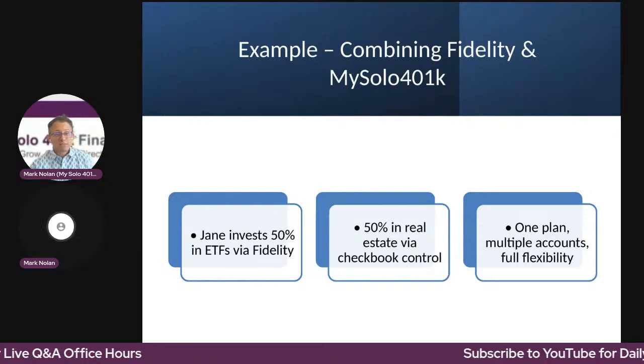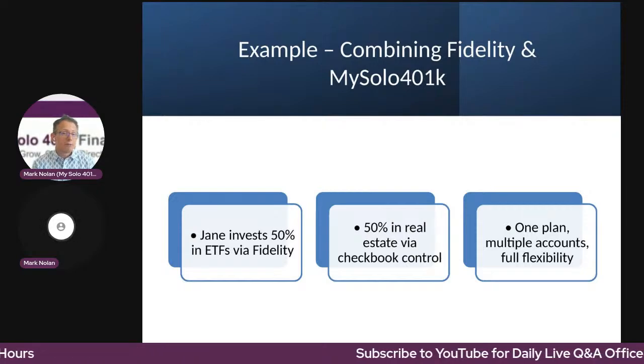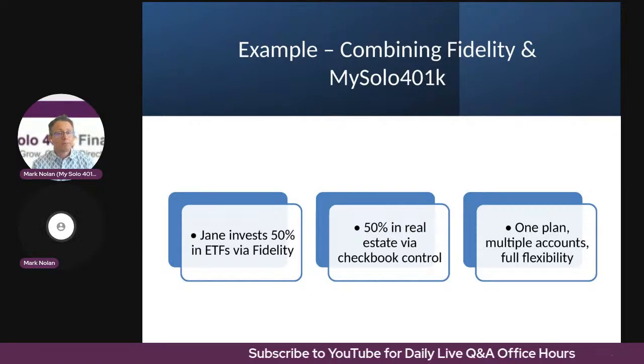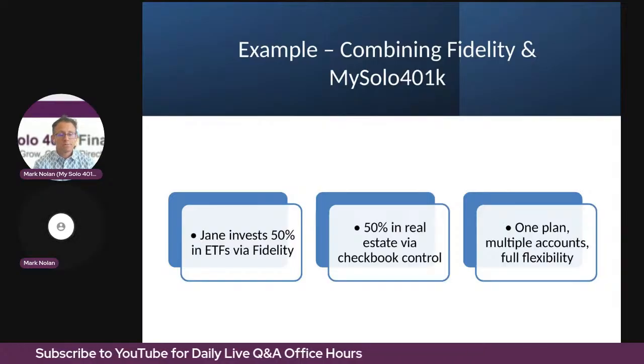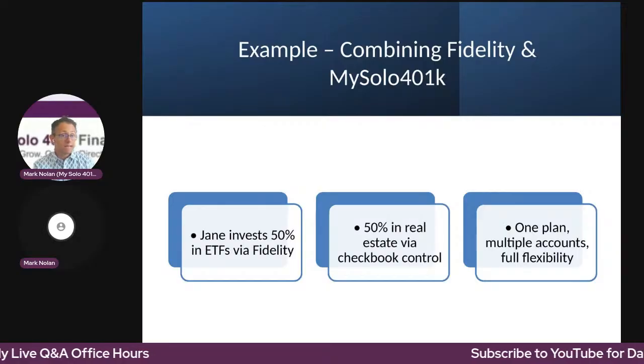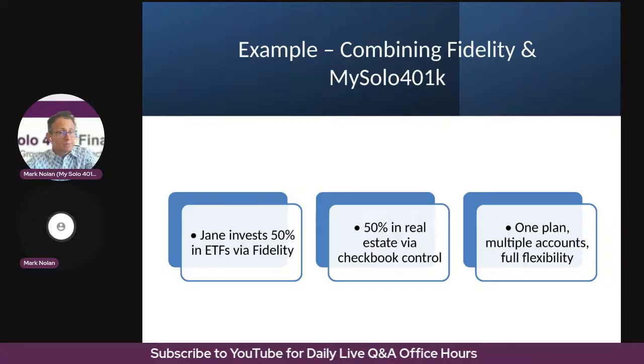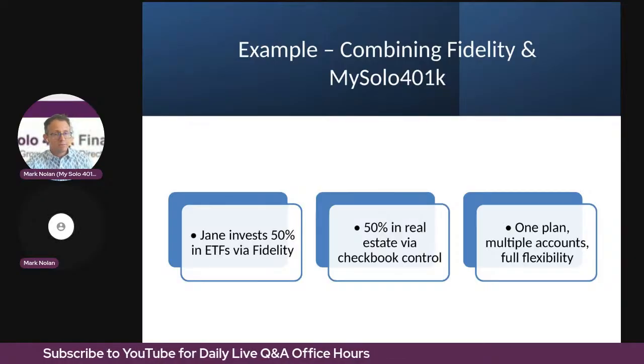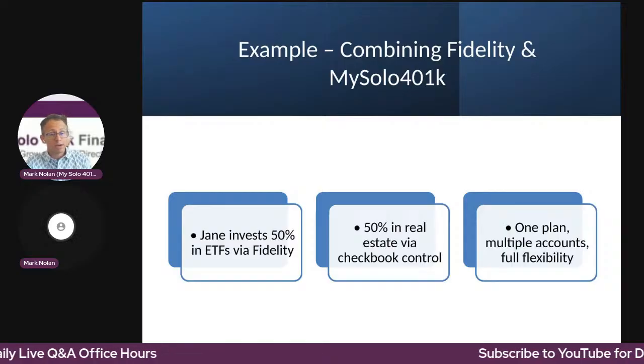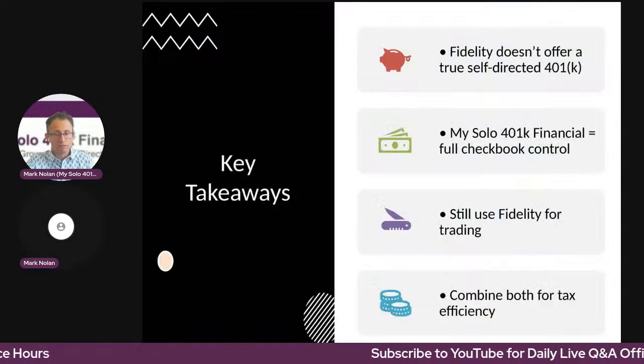So she may invest 50% of those funds, let's say, in a rental property. So now the plan owns real estate and it also owns equities. And it's all done through my solo 401k financial with the funds being held at Fidelity. So one plan, multiple accounts, full flexibility. Multiple accounts means multiple holding accounts. That's a pre-tax bucket, a Roth solo 401k bucket, and a voluntary after-tax solo 401k bucket.